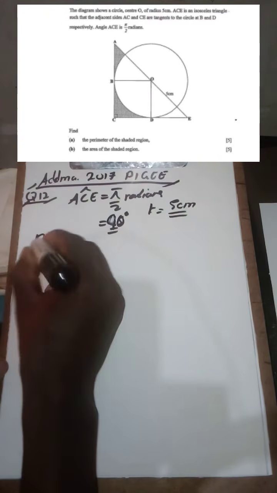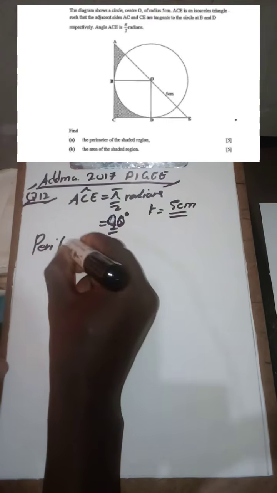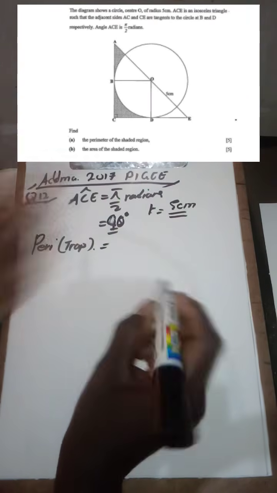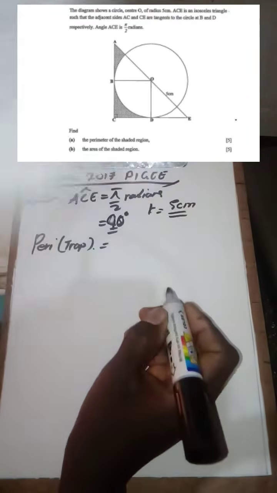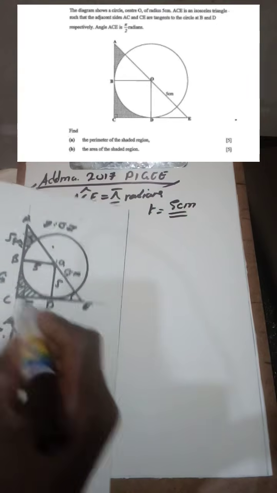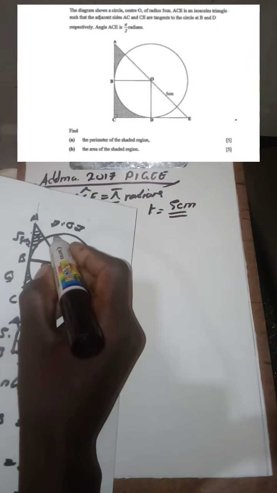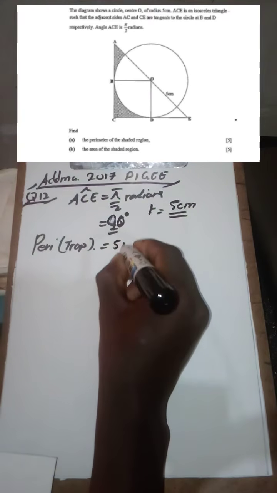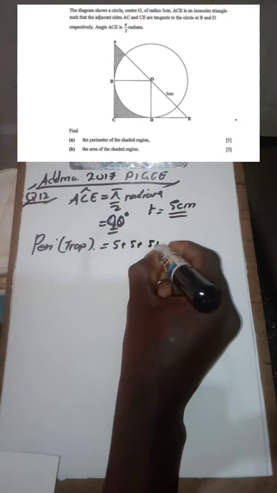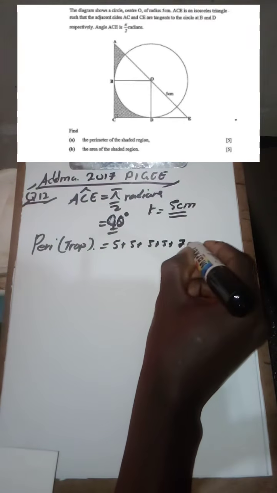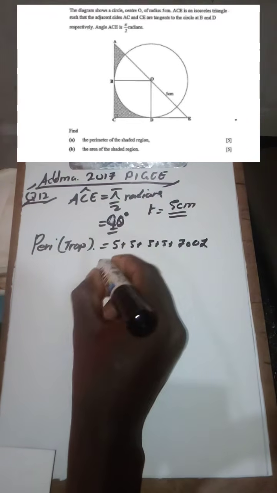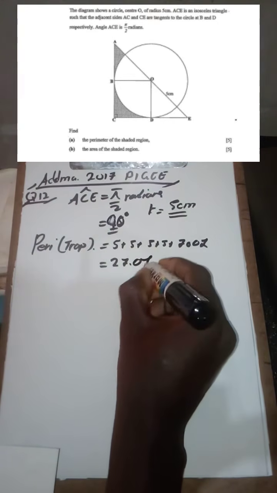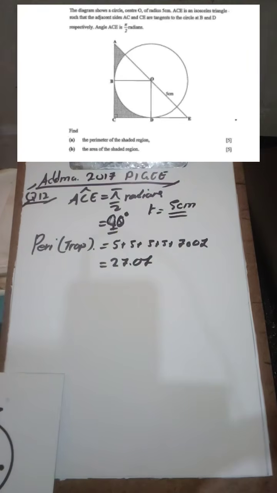So now, remember I said we find the perimeter of the trapezium. So we say perimeter of the trapezium is equal to, remember, we have 5 plus 5 plus 5 plus 7.07 plus 5. So we are saying 5 plus 5 plus 5 plus 5 plus 7.07, of which you are going to get 27.07, if I'm not mistaken.